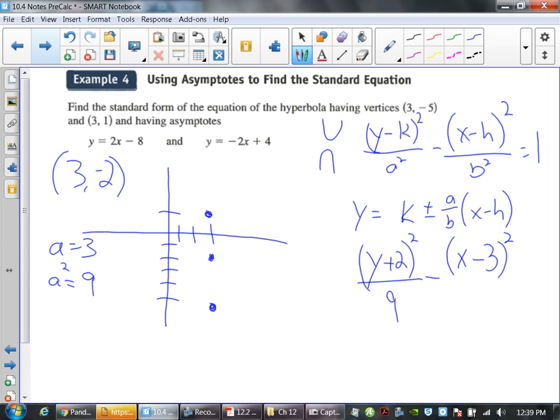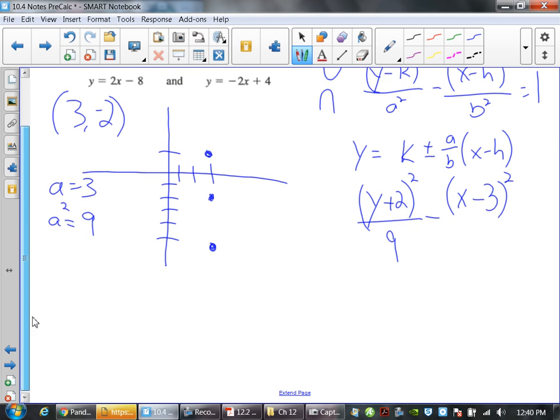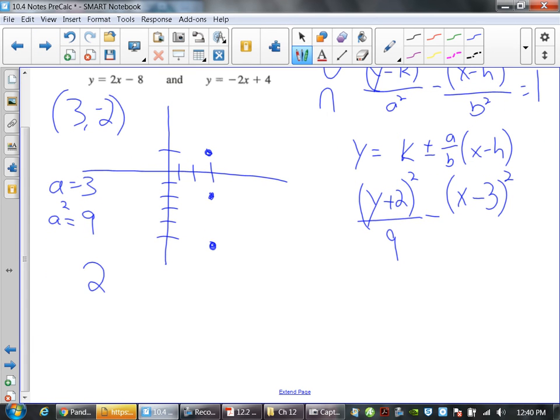Now I look at what we have as far as the asymptotes. If we know that we have asymptotes y = 2x - 8 and y = -2x + 4, we can start playing around with some numbers so you can figure it out. We know that the 2, if you distribute it through, or I don't even put the x in here, the 2 has to equal the a over b, doesn't it?